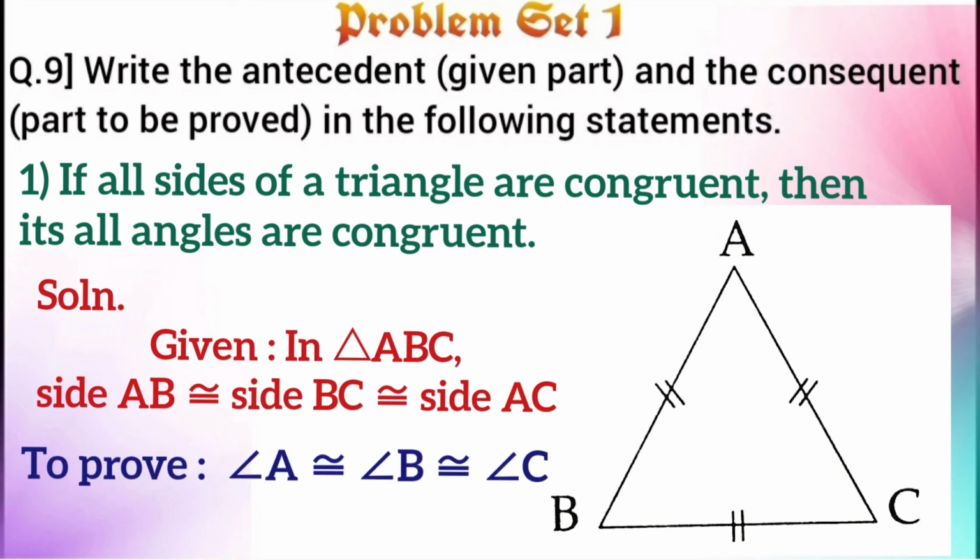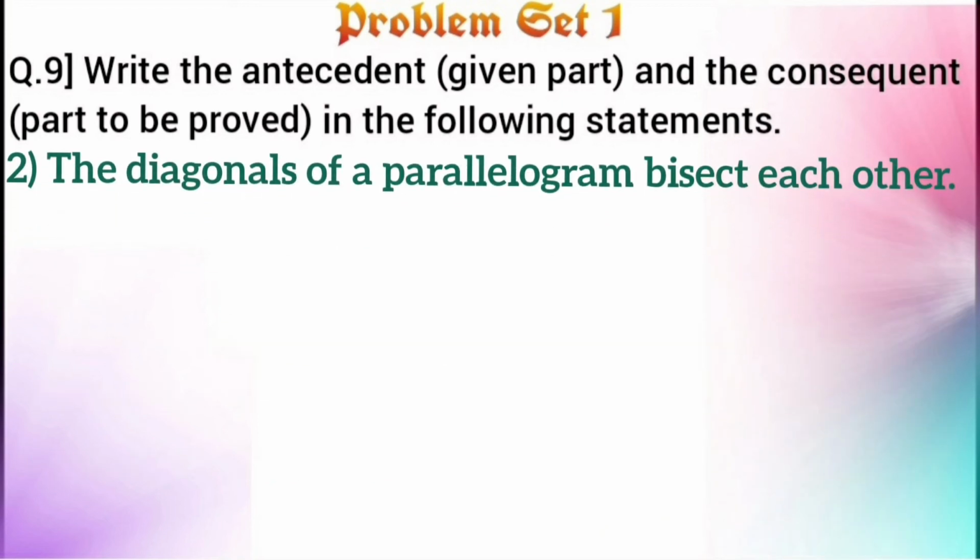So the to-prove will be based on this diagram. Angle A is congruent to angle B is congruent to angle C. That is, when all the sides are congruent, then the angles are also congruent. But we have to write this statement into given and to-prove parts with the help of one diagram. Let's see the second one.